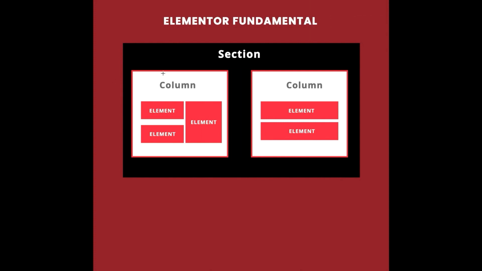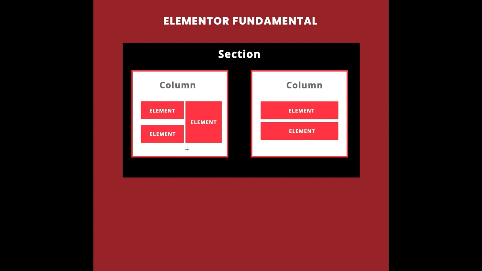So basically the most outer thing is the section, and then inside a section you can take multiple columns. So inside a single section you can take 1 column, 2 column, 3 column, 4 column, like that. And inside a column you can take multiple elements or widgets.